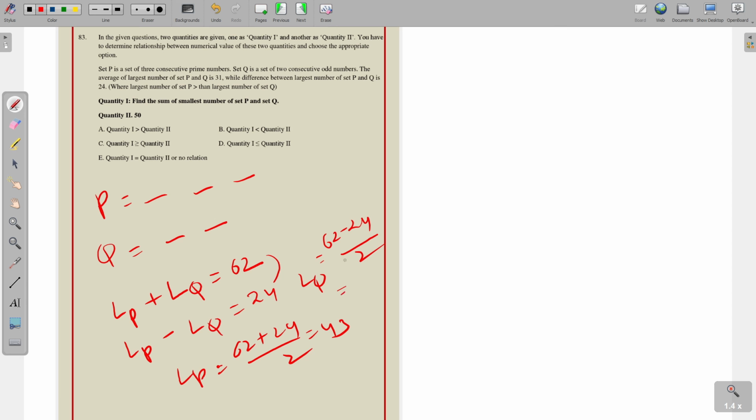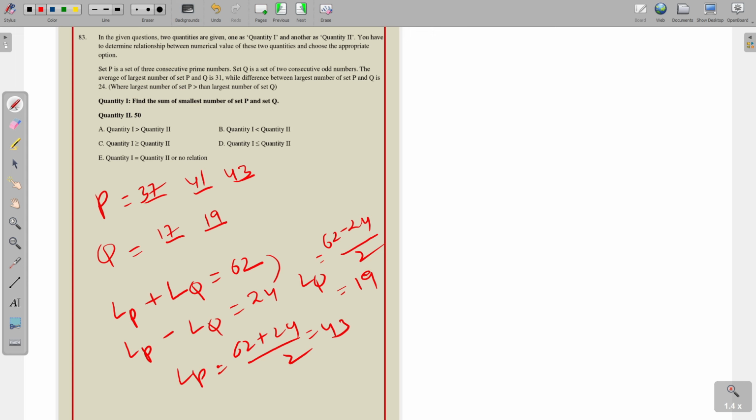Now it is 19, 38 by 2, which means largest of P is 43 and largest of Q is 19. These are in the P set, consecutive prime numbers, so before 43 is 41 and before that is 37. These are also consecutive odd numbers, so before 19 is 17.